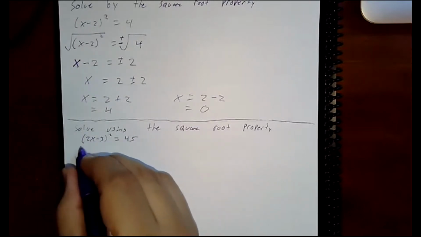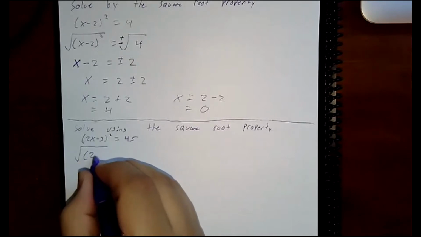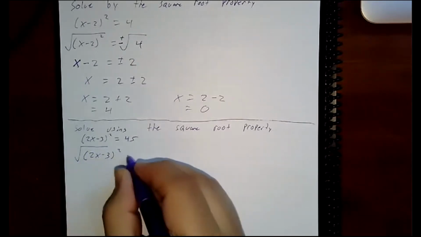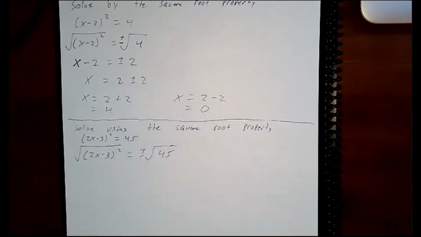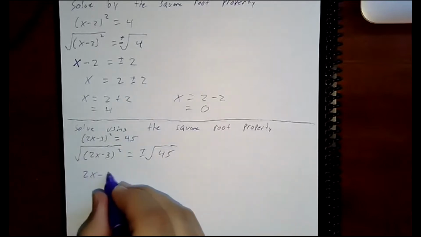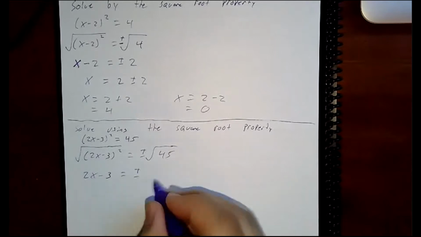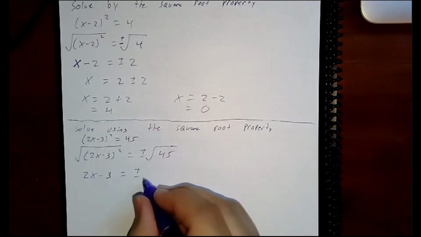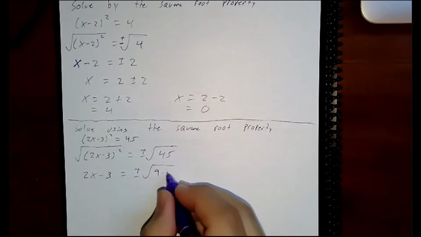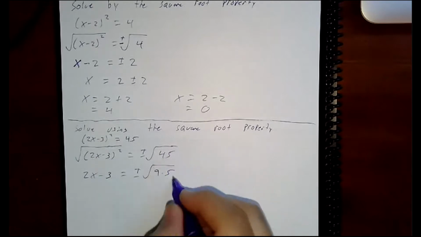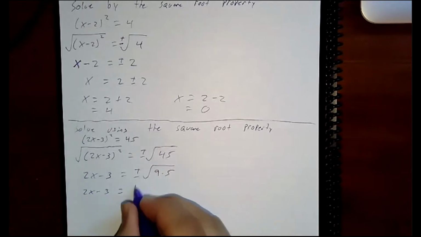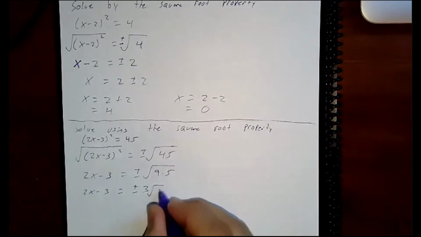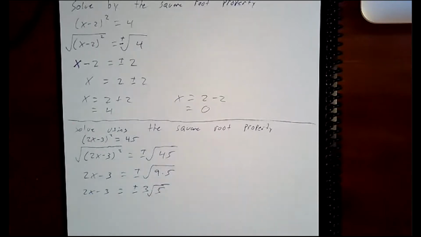So here we go. It's just when you do the right-hand side, tack on that plus or minus. Then that leaves you with 2x minus 3 equal to plus or minus root 45. Root 45 can be reduced because it contains a squared factor. 45 is 9 times 5, so you deal with that 9. A 3 will come outside: 3 times root 5.